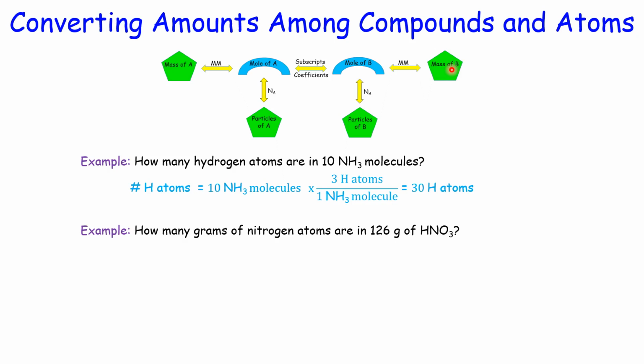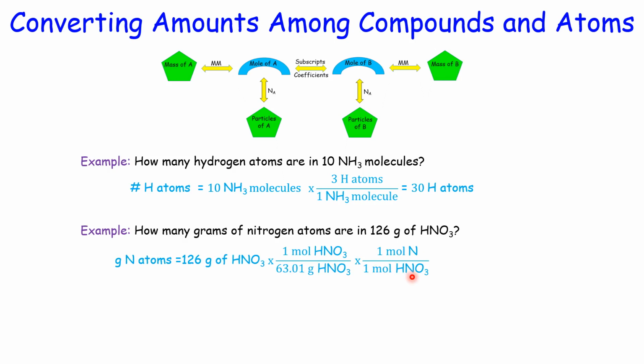That's a 1-to-1 ratio, because the subscript you see for nitrogen in the chemical formula is 1. Then the last step, we are going to convert from moles of nitrogen to grams of nitrogen using the molar mass. And that should give us 28 grams of nitrogen atoms.